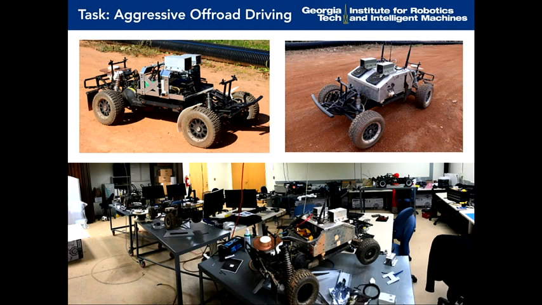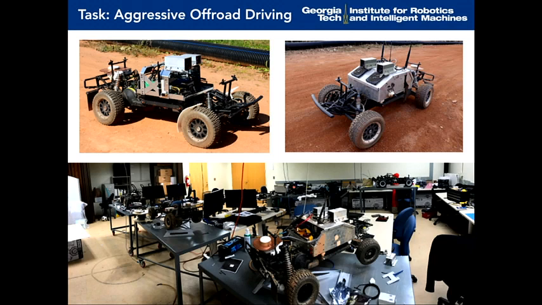It has electric motors with a top speed of about 60 miles an hour. It also has cameras, IMU, GPS, LiDAR, wheel speed sensors all on board the vehicle. And then it has considerable onboard computational resources. So it has an i7 processor, a GTX 1050 Ti GPU, and it does all of its sensor processing and decision-making on board the platform.